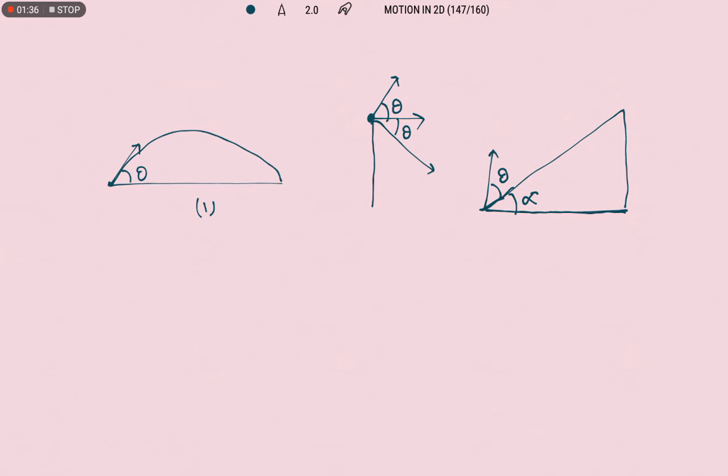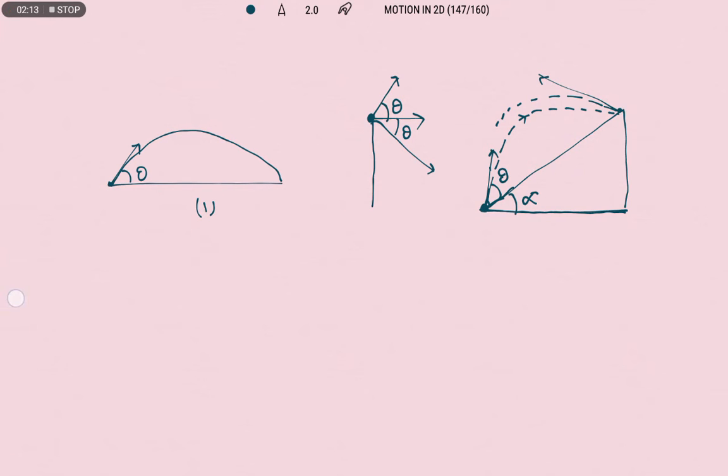Here again there are two cases: projection from the bottom of the inclined plane and projection from the top. That means one motion is up the inclined plane and the other is down the inclined plane. So we will discuss projectile motion up the plane and down the plane.